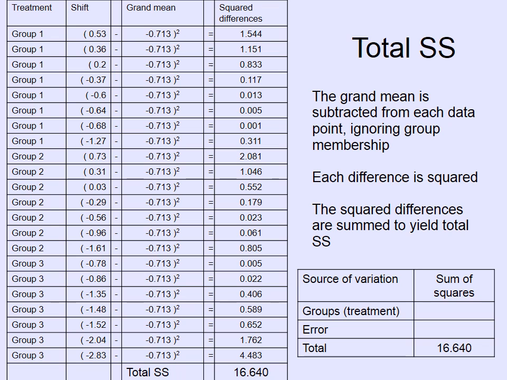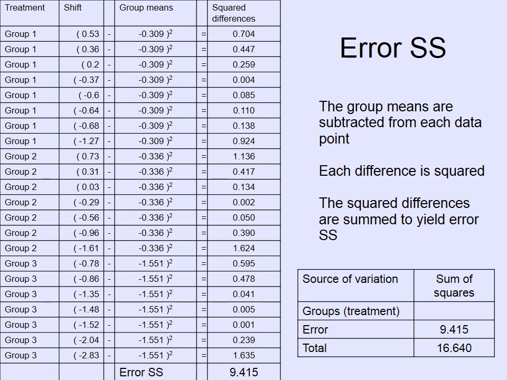Then we add it all up, and that becomes sum of squares total. For the error sum of squares, we're taking each group's data point minus its own mean. You can see that every group has its own mean that we're subtracting its data points from. Then we square those and add those up, and that's sum of squares error.